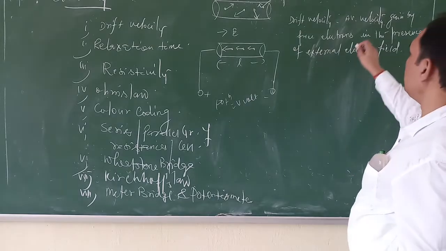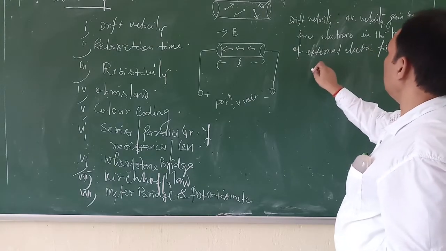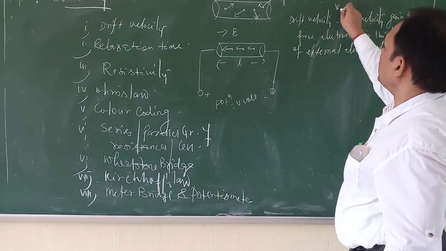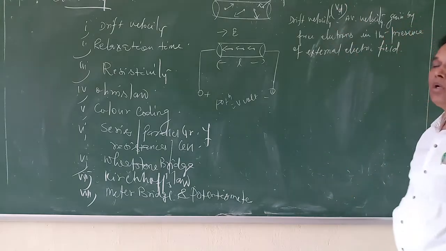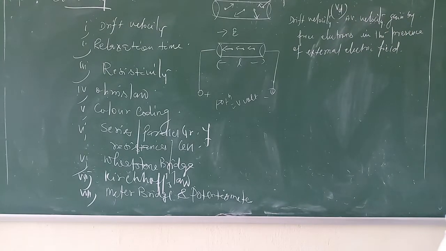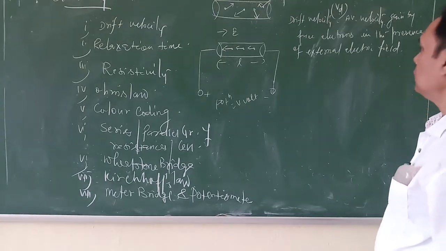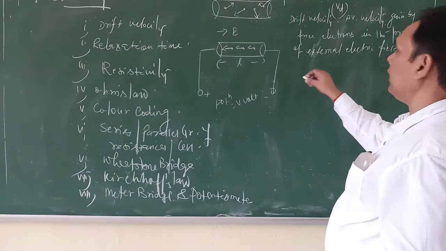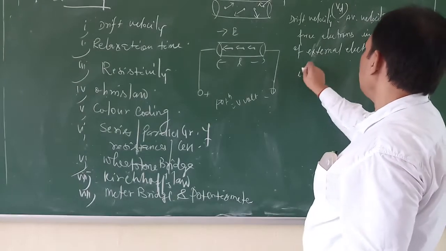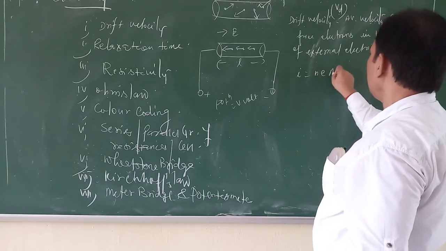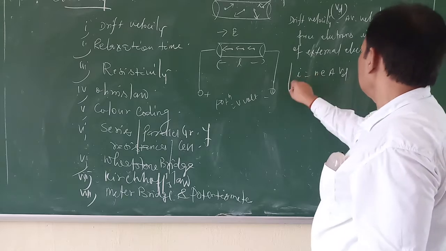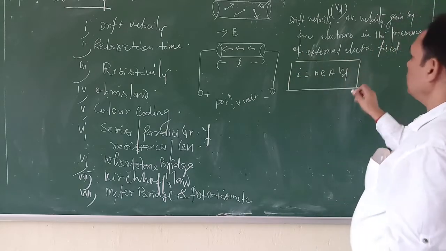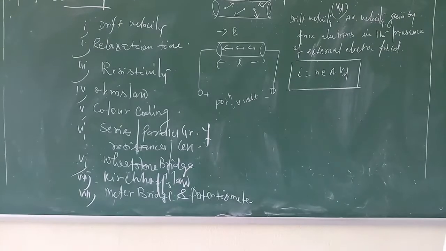It is represented by the symbol Vd. Vd is the symbol used for drift velocity. So you have to derive an expression for the current I equal to NeAVd. This is the formula which you have to derive.